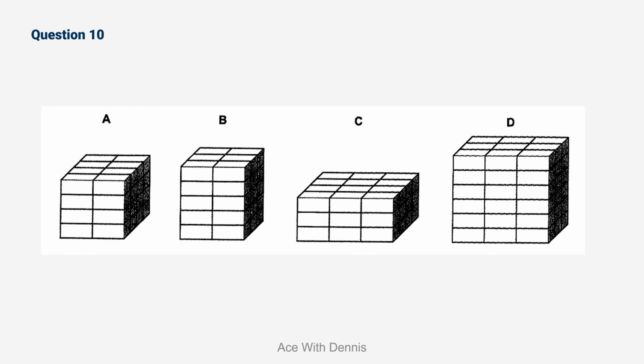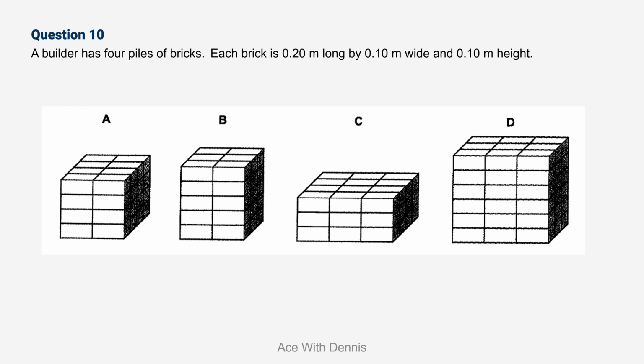Question 10. Given these four choices, a builder has 4 piles of bricks. Each brick is 0.20 meters long by 0.10 meters wide and 0.10 meters height. Each brick has a weight of 10 newtons.